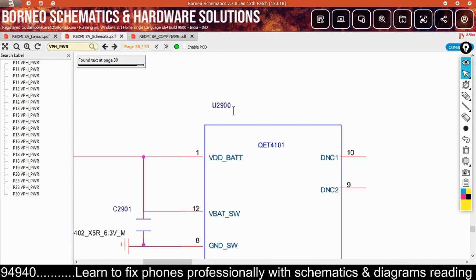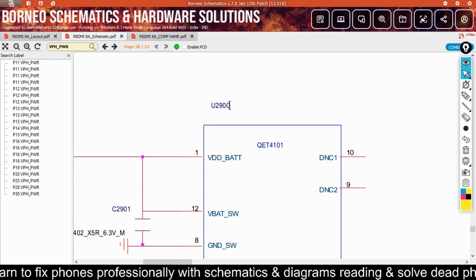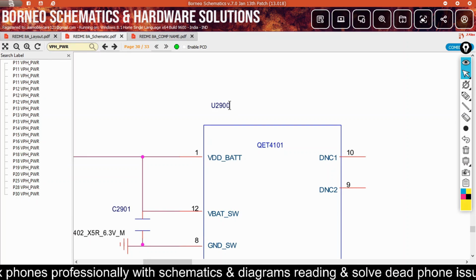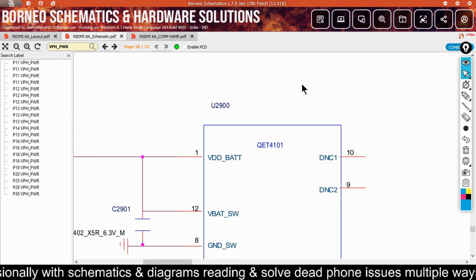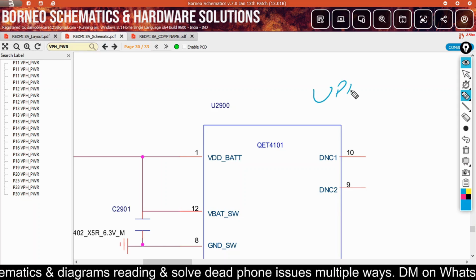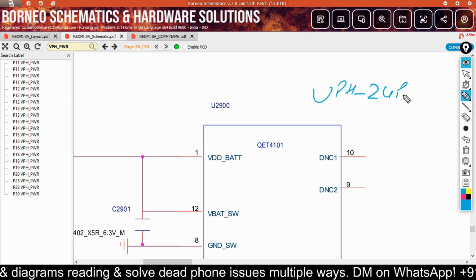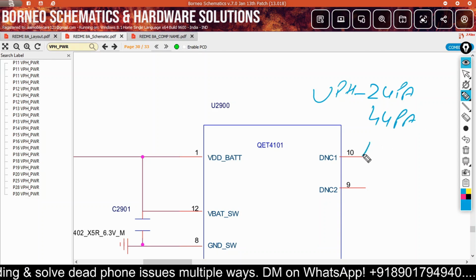Now this line is also connected to the APT. There are multiple because we start from the network. That's why it shows the network ICs first. So this VPH is connected to our 2GPA, 4GPA and the APT.